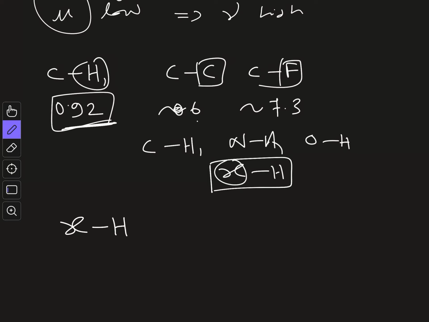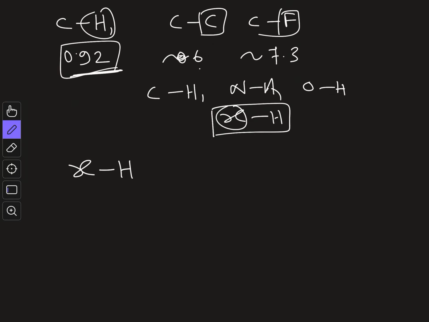So first of all we need to tell what is the unit of measurement in the IR spectroscopy. So in the IR spectroscopy, this is an absorption spectroscopy, and what we do, we have a sample molecule.